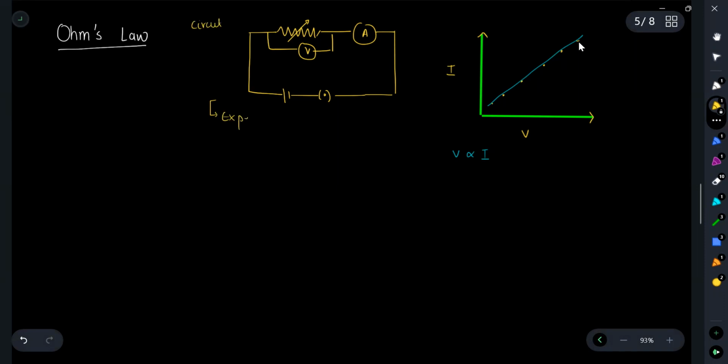Circuit for experimental verification of Ohm's law. And this is the VI, potential difference current graph. This is VI graph, potential difference.